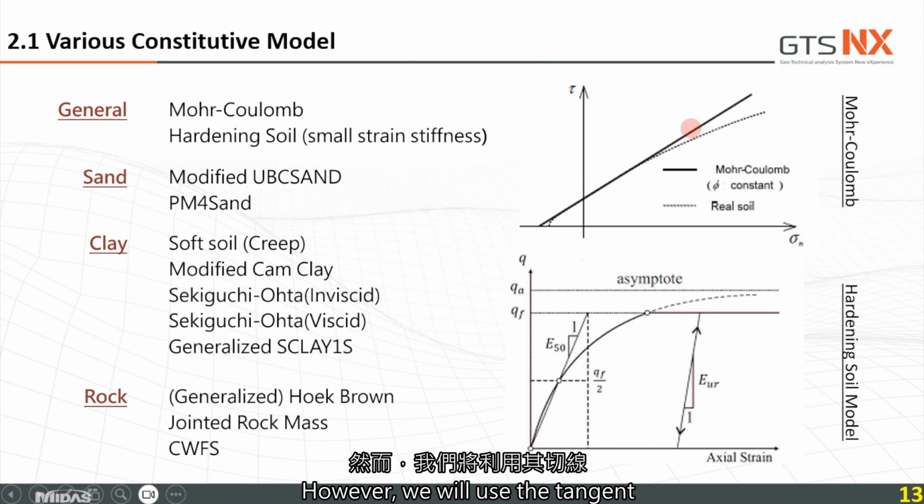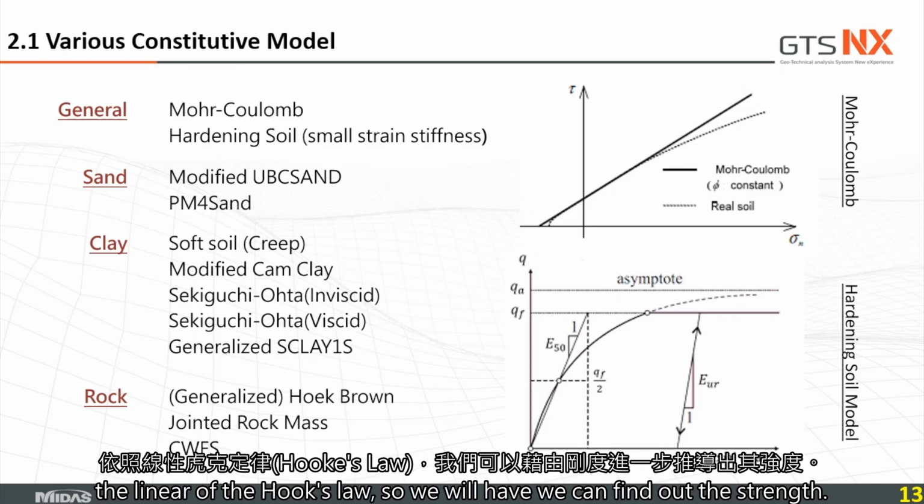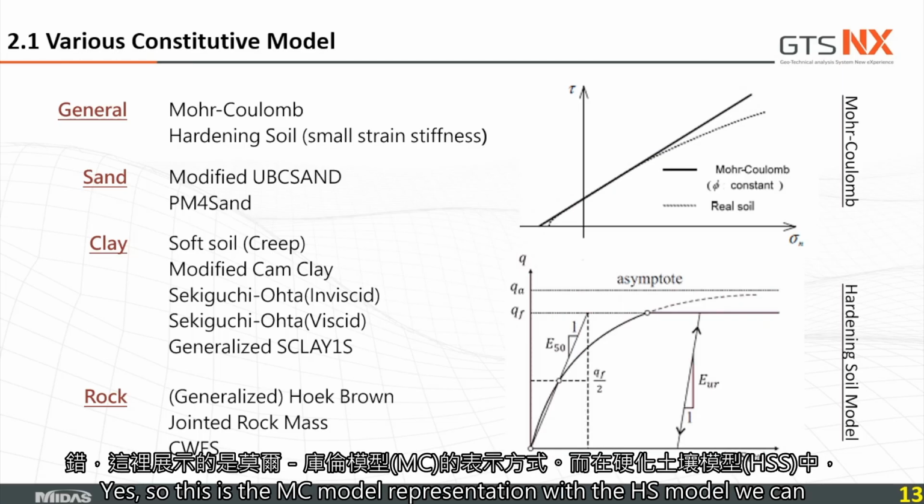However, we will use the tensions to represent the stiffness, and from the stiffness, based on the linear Hooke's law, we can find out the strength. Yes, so this is the Mohr-Coulomb model representation.